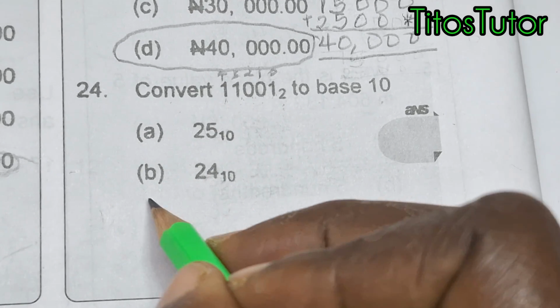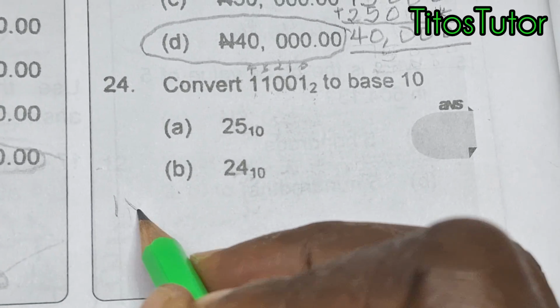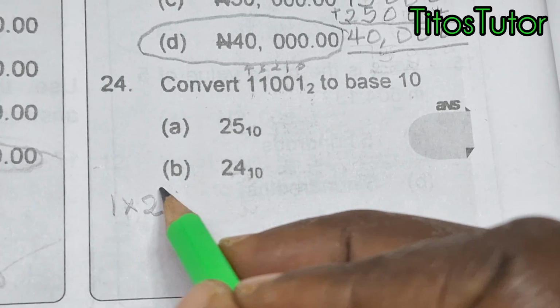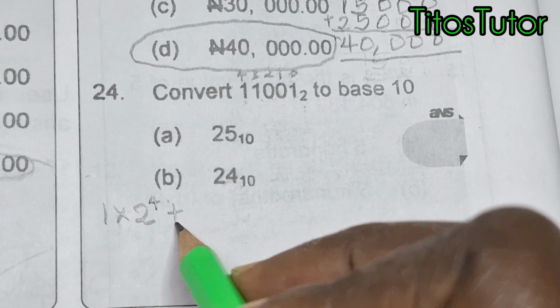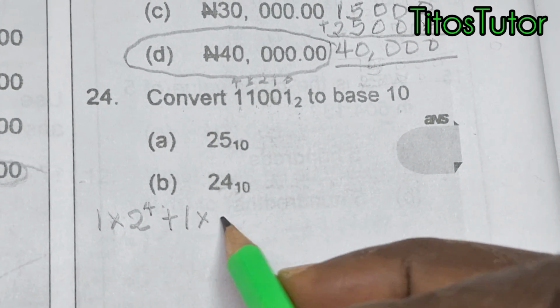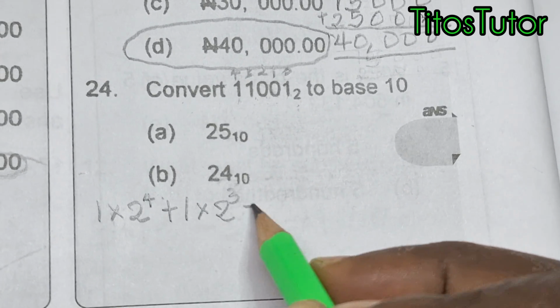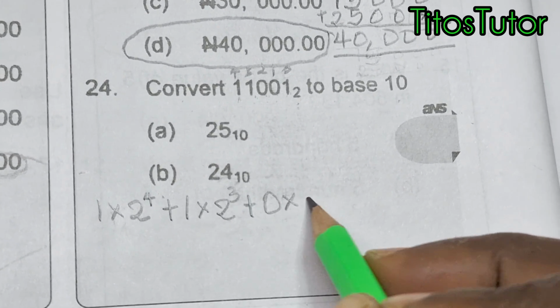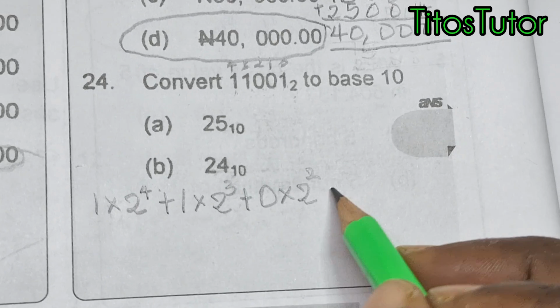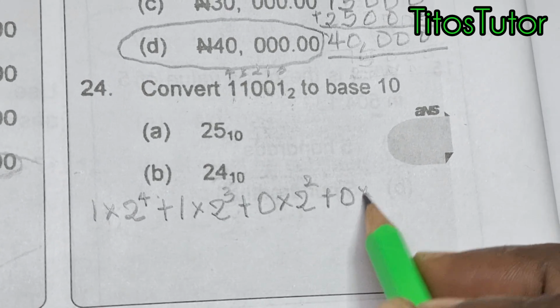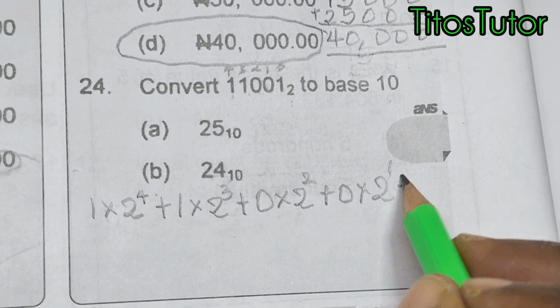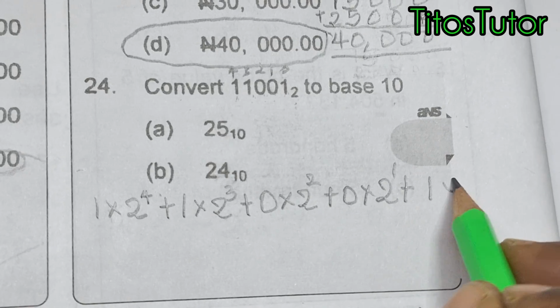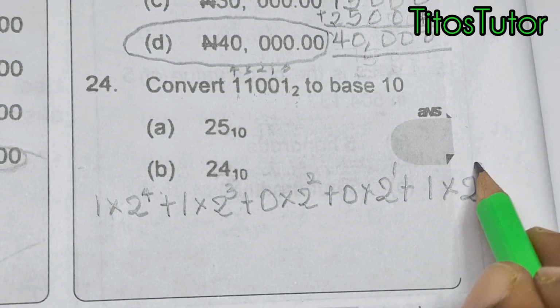So let's expand. 1 times 2 raised to the power of 4, plus 1 times 2 raised to the power of 3, plus 0 times 2 raised to the power of 2, plus 0 times 2 raised to the power of 1, plus 1 times 2 raised to the power of 0.